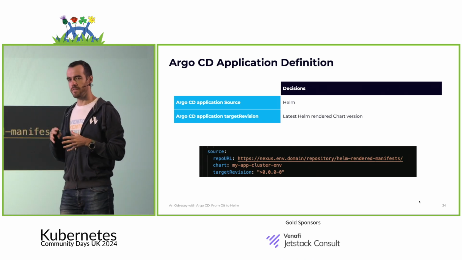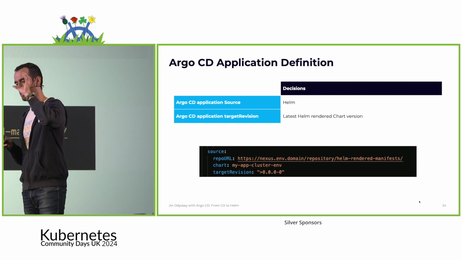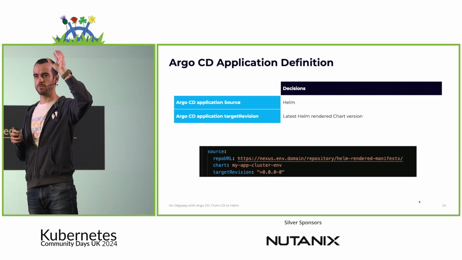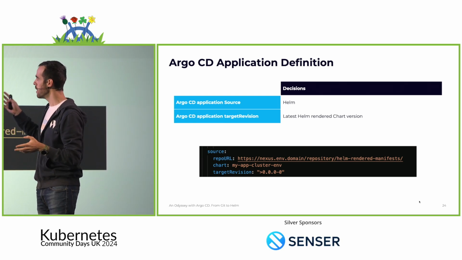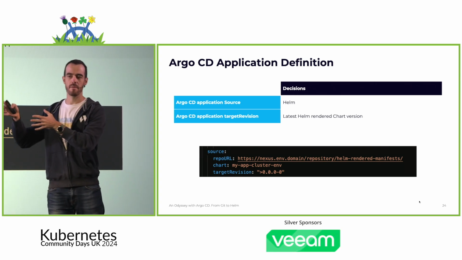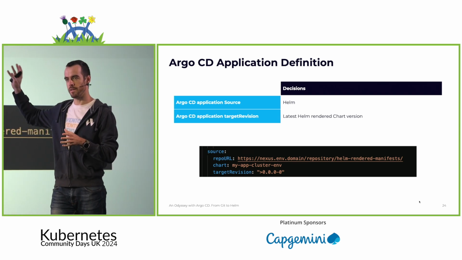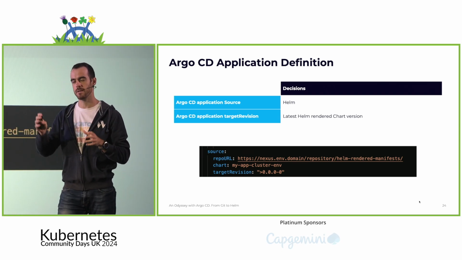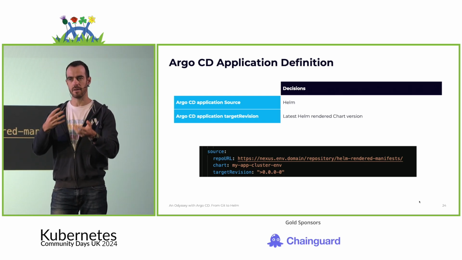Let me emphasize the fact that what we do now is, instead of pointing ArgoCD to some Helm charts and rendering them on the fly, we render them beforehand on the CI/CD tool, and we just take advantage of the Helm distribution logic, so that ArgoCD doesn't have to deal with rendering, templating, values, and all of that.